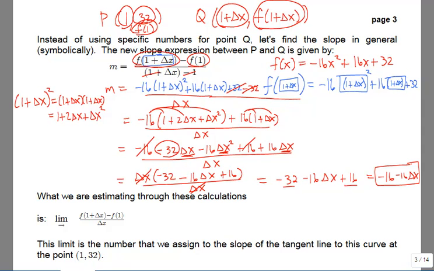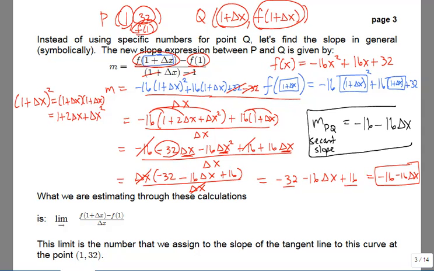And what did we just find? What was the whole purpose of this? This is finding a symbolic representation of what the slope between P and Q equals. So this is the secant line slope between point P and point Q, and it's going to have as its formula negative 16 minus 16 delta x.